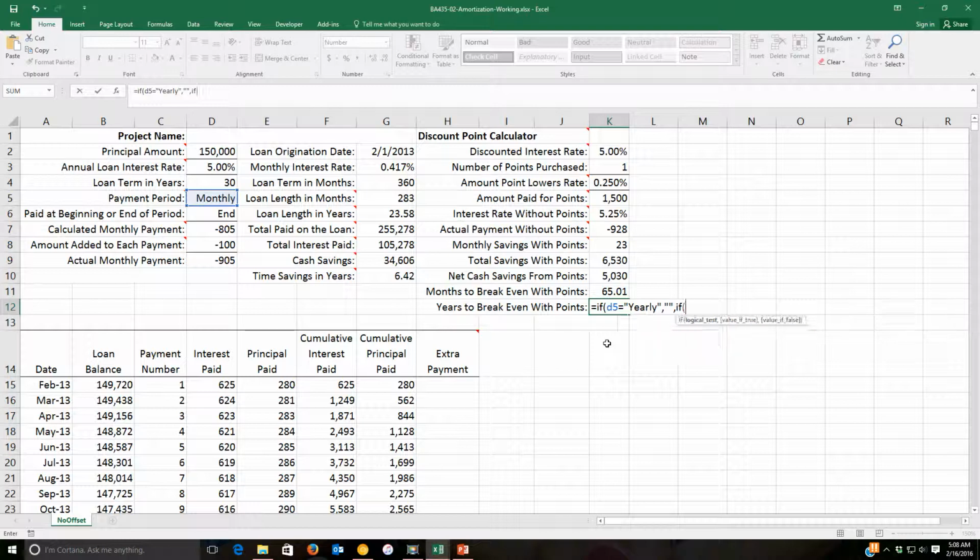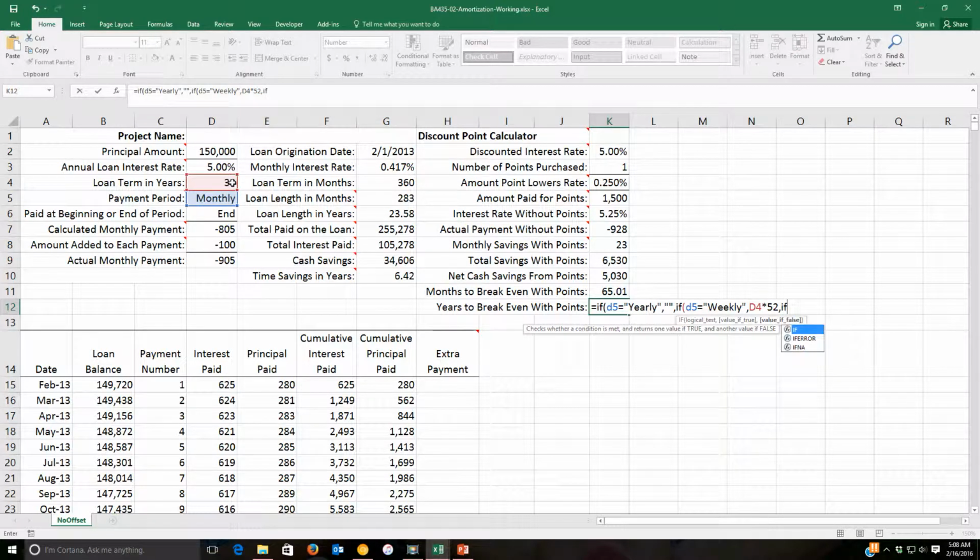Otherwise, we want to take a look at D5, and if it equals weekly, we're going to take our loan term in years and convert it to weeks, 52 times.